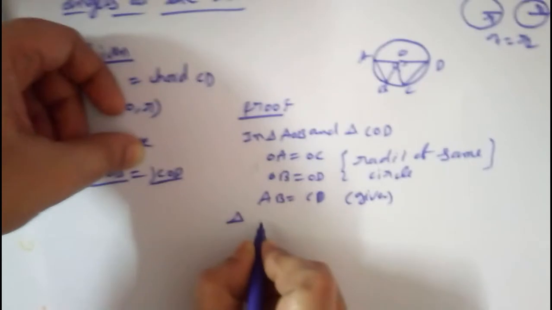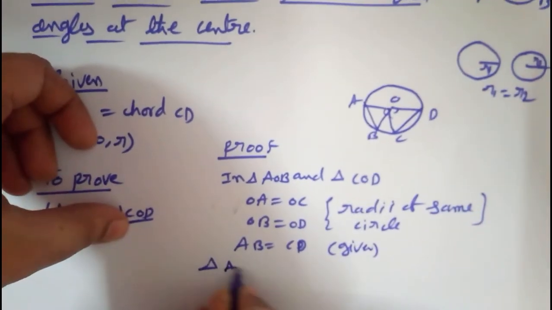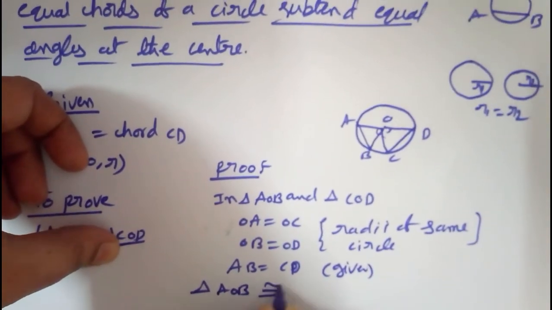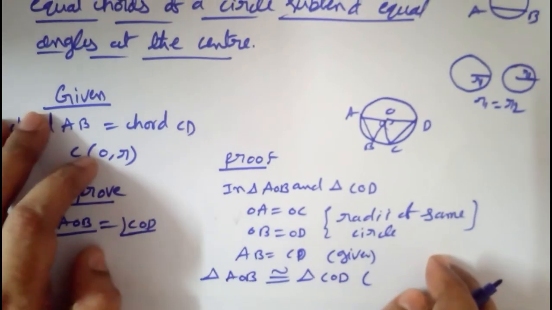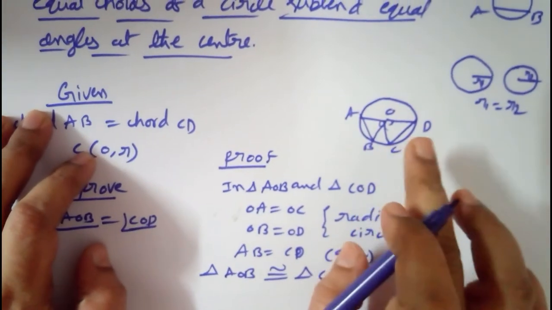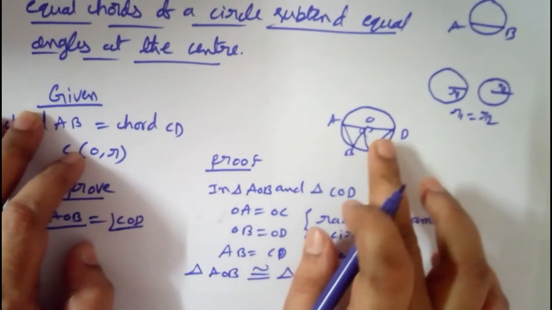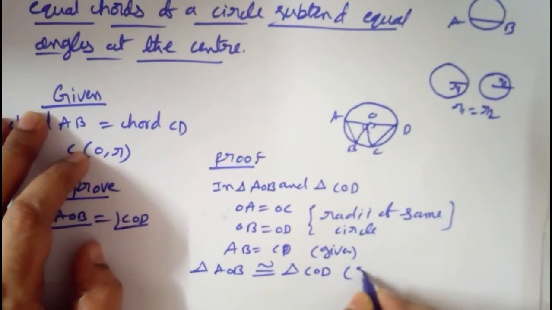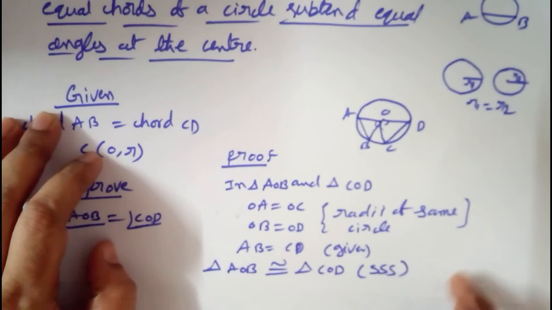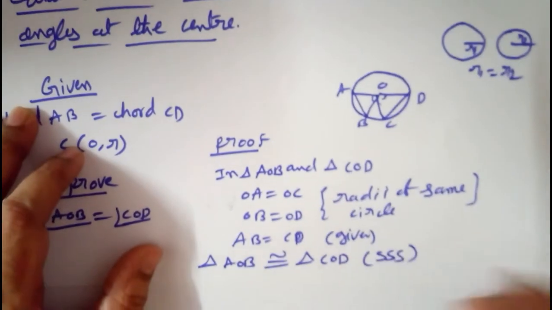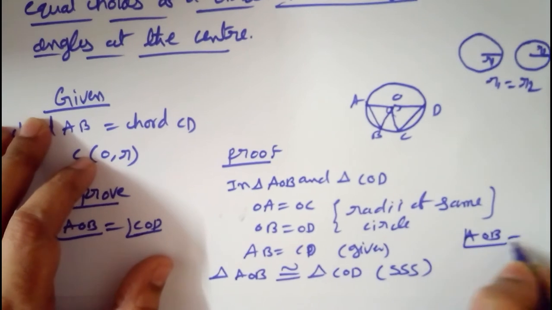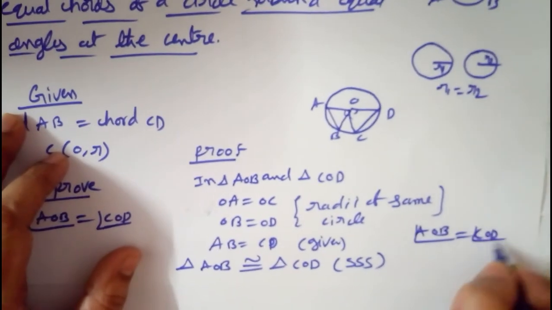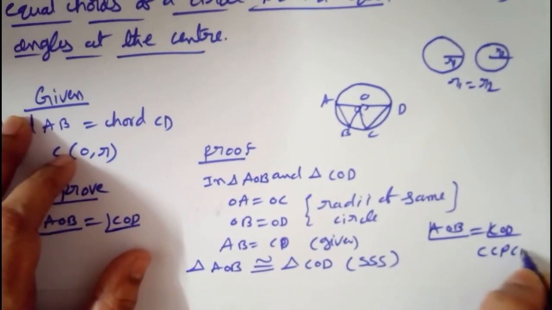Then triangle AOB is congruent to triangle COD. Which congruency? OA, OC sides, OB, OD sides, AB, CD also sides. By SSS congruency, these two triangles are congruent. Then angle AOB is equal to angle COD, corresponding parts of congruent triangles.